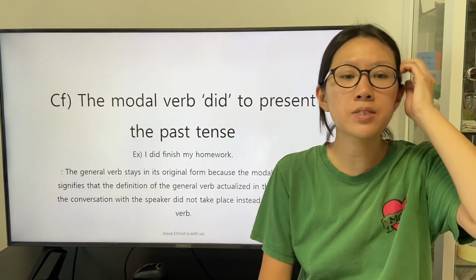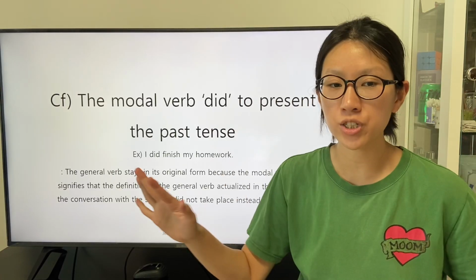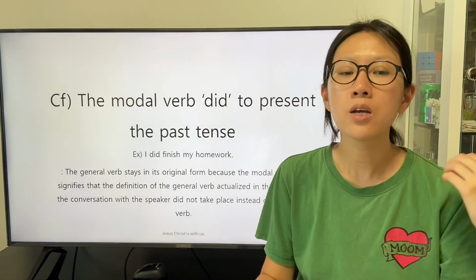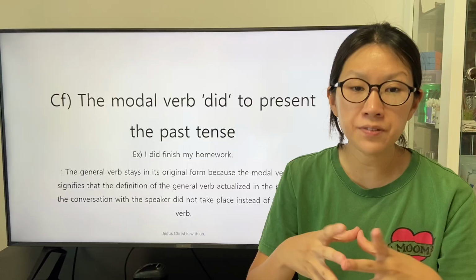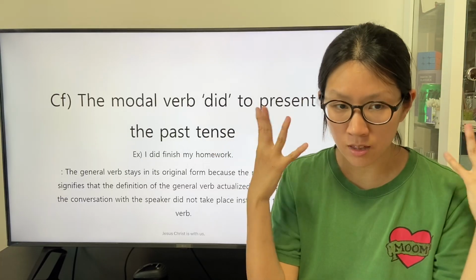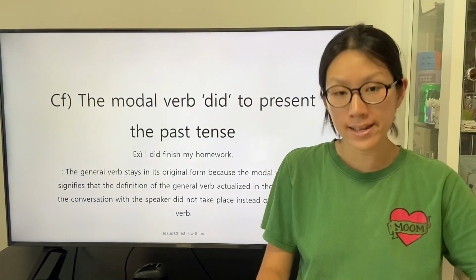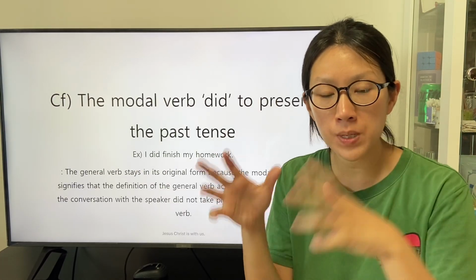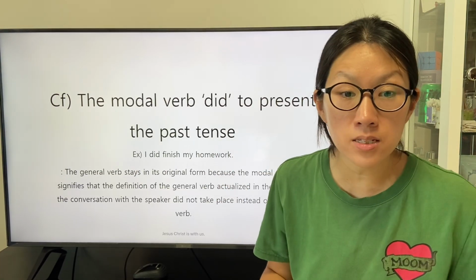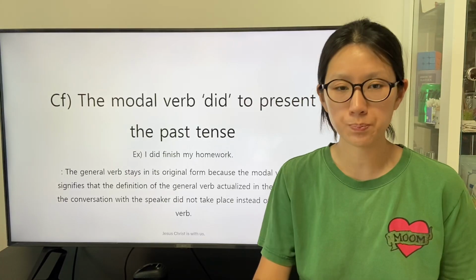The general verb stays in its original form, finish, because the modal verb did signifies that the definition of the general verb finish actualized in the past when the conversation with the speaker did not take place, instead of the general verb.